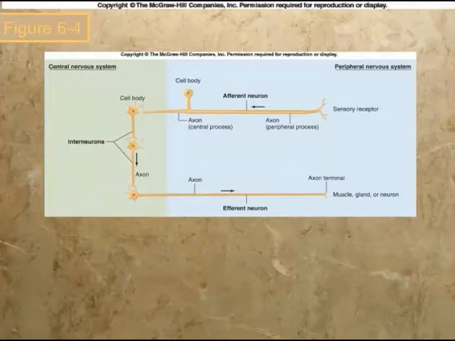Alright, figure 6.4 in Vander's 11th edition. This describes how neurons are essentially divided into three major classes: afferent, efferent, and interneurons. It's important to understand the basic differences in these types of neurons. The central nervous system allows us to sense information about both our surrounding environment as well as the internal environment of our bodies that's outside of the central nervous system.